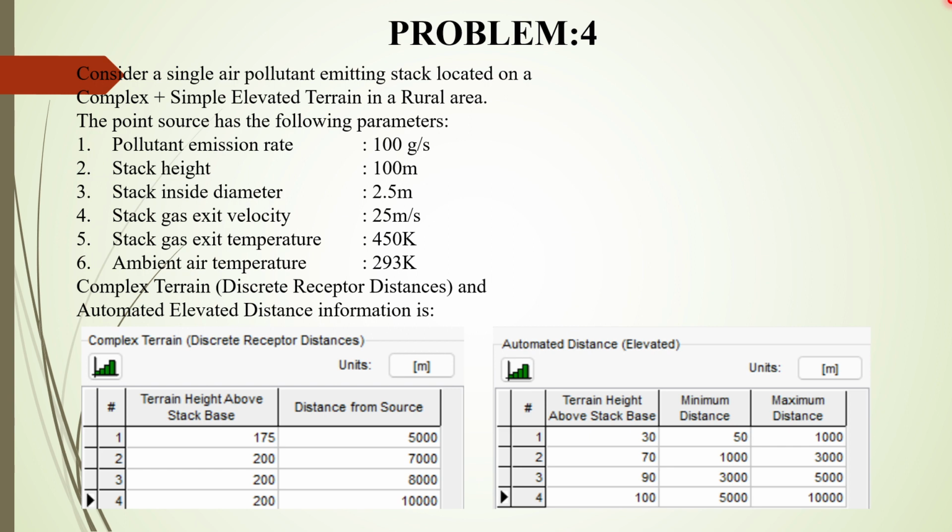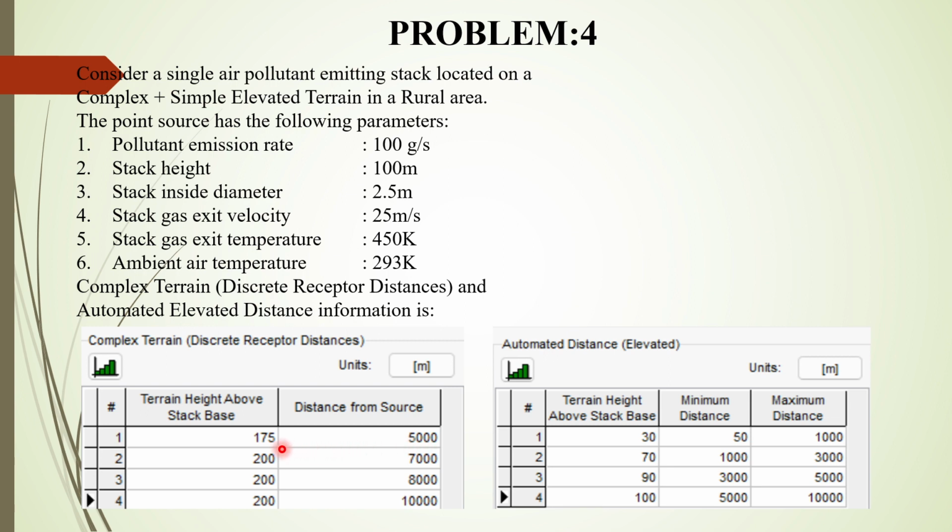The pollutant emission rate is 100 gram per second, stack height 100 meter, stack inside diameter is 2.5 meter, stack gas exit velocity is 25 meter per second, stack gas exit temperature is 450 Kelvin and ambient air temperature is 293 Kelvin.